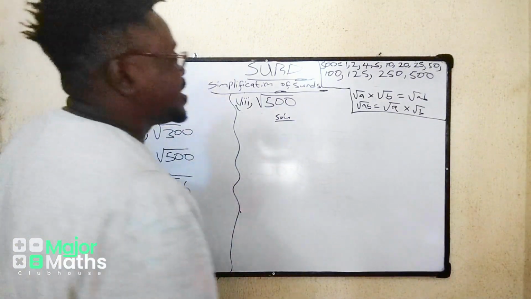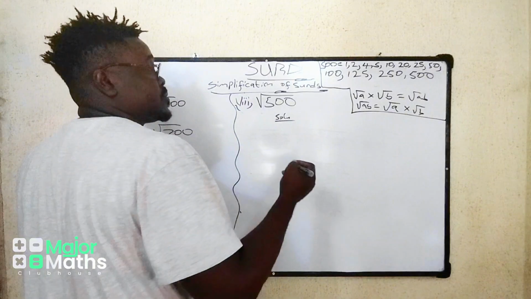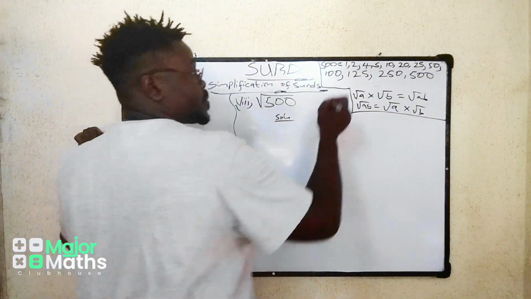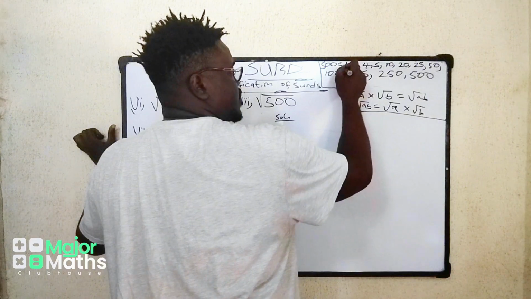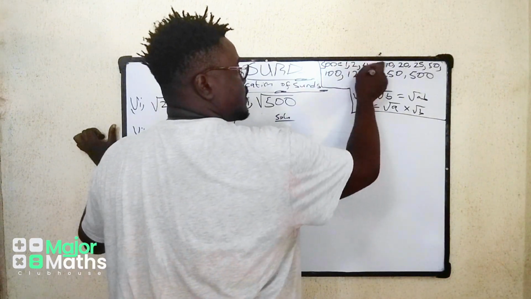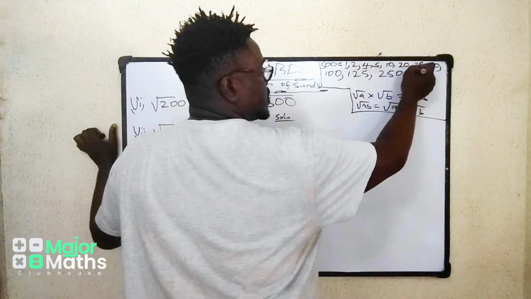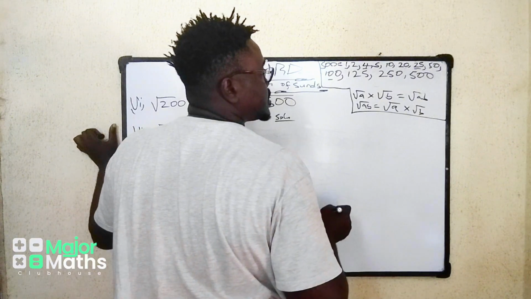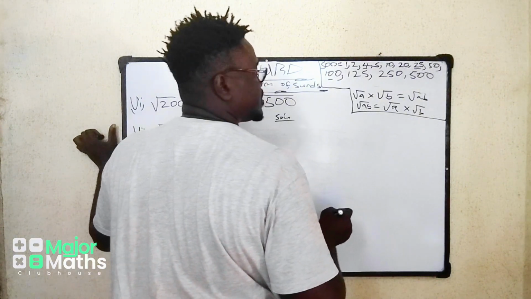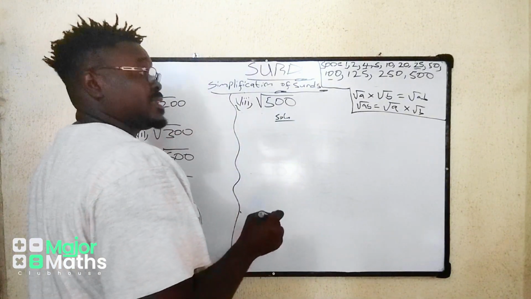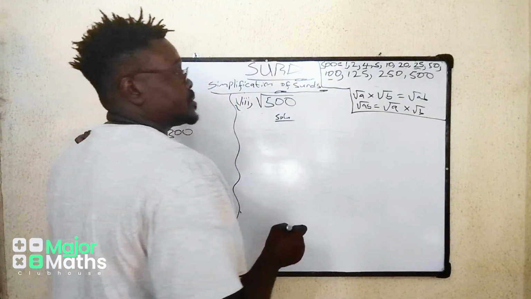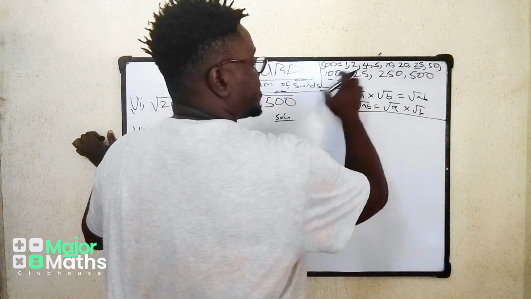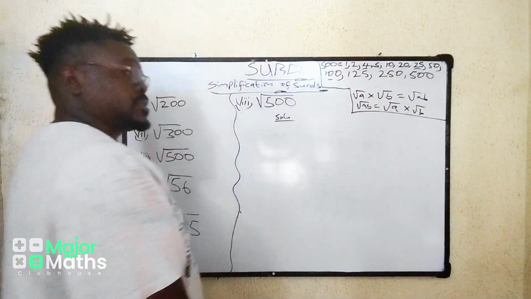Yeah, so like we previously did, we'll find the factors that are also perfect squares and get the highest. So we have 1, 4, 100. Perfect square. Yeah, 100 is the best here, the highest we can get, and 100 times 5 gave us 500.